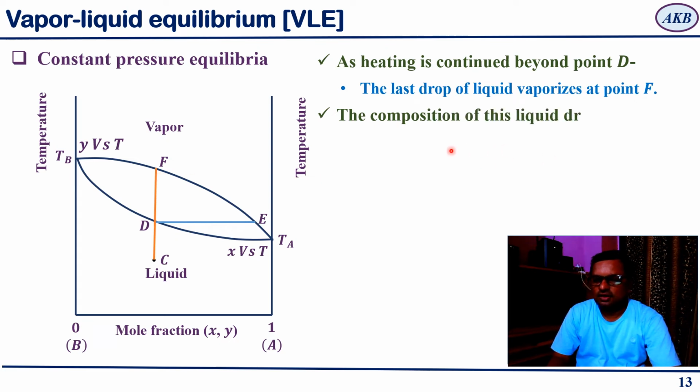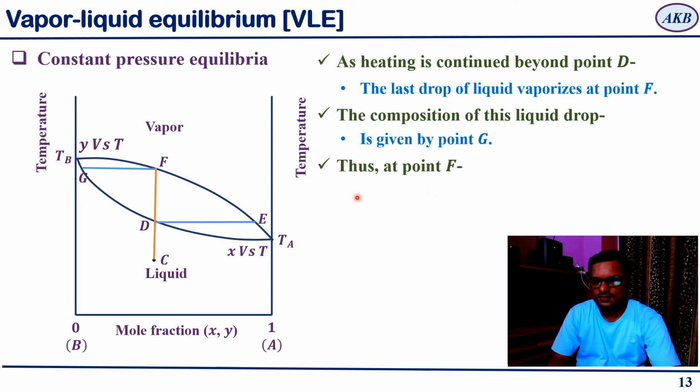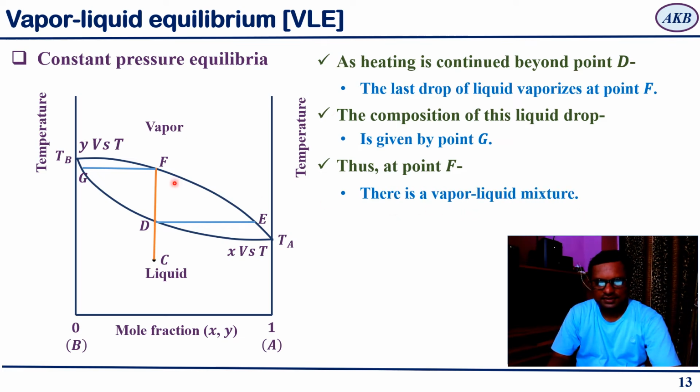Now the composition of this liquid drop is given by point G. So the last drop that is vaporized over here, its composition is given by point G. Therefore, point F represents a vapor-liquid mixture.